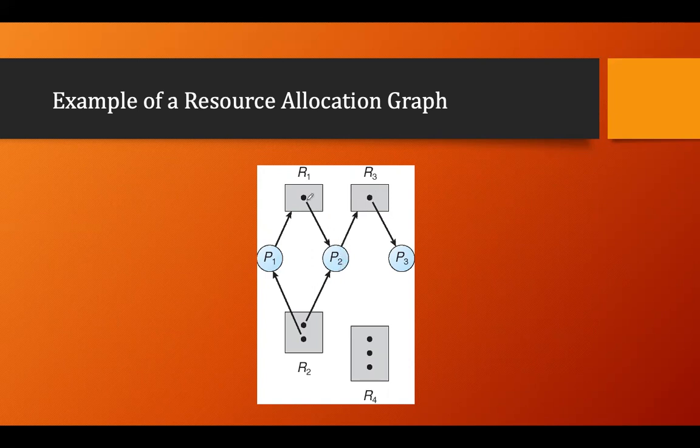P2 is holding resource R1, but R1 is requested by P1. So here P1 is requesting a resource which is already held by P2. P2 is requesting a resource which is already held by P3. Okay, already held by P3.